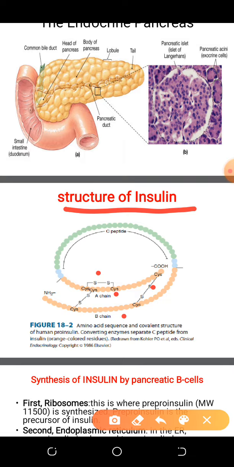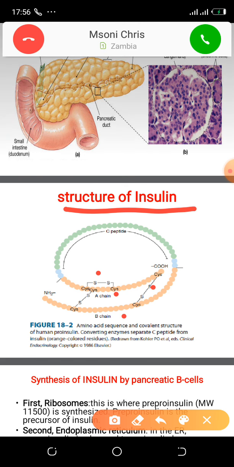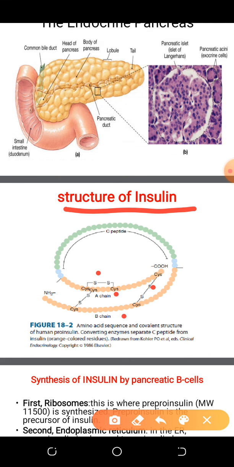However, the precursor of this insulin is called proinsulin. Before the insulin is synthesized, there is a precursor which is inactive. It's called proinsulin.